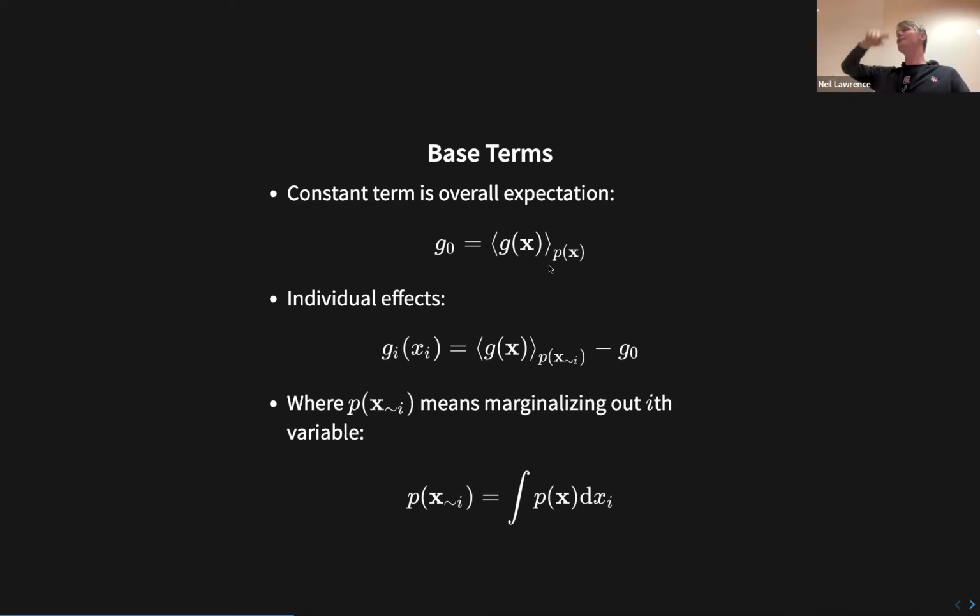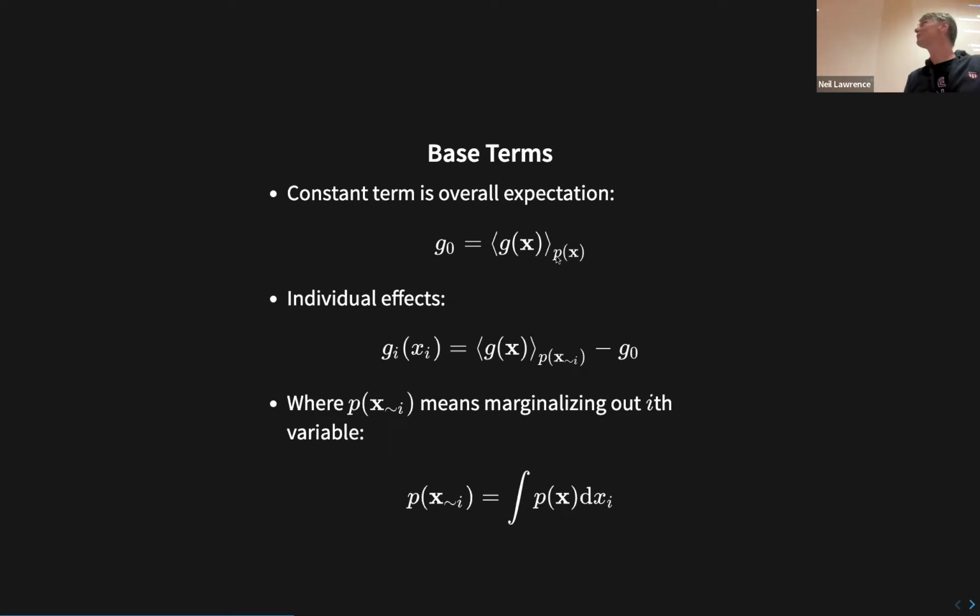And then through that process of back substituting G0 onto the other side, we can then start decomposing each of the other terms, sorry, I forgot to put the screen back on. Each of the other terms in the following recursive way, that we now look at the individual effects as the expectation of each function. And notice this notation here. This is an expectation of the function under the whole of the distribution over X. What I mean by this notation here is an expectation under every variable apart from the ith one.